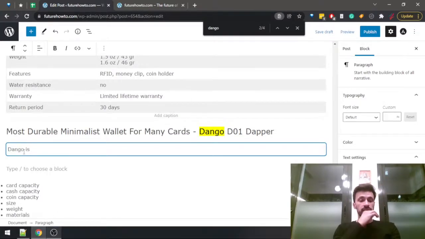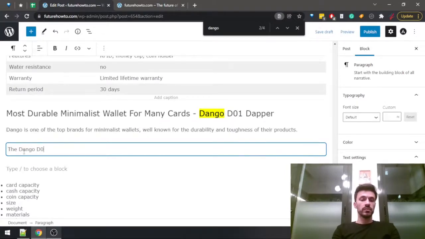Okay, we can say Dango is one of the top brands for minimalist wallets, well known for the durability and toughness of their products.